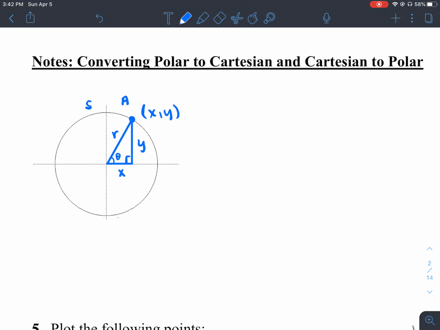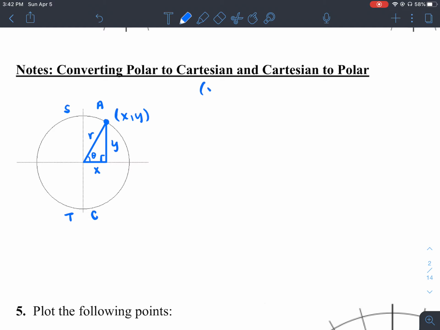And then we have our "All Students Take Calculus," which we wrote over and over again to remind us which of sine, cosine, tangent were positive, but that had to do essentially with x's matching with cosine and y's matching with sines, where x and y are positive. But it does give us a connection to go from our (x, y) points back and forth to our (r, θ).